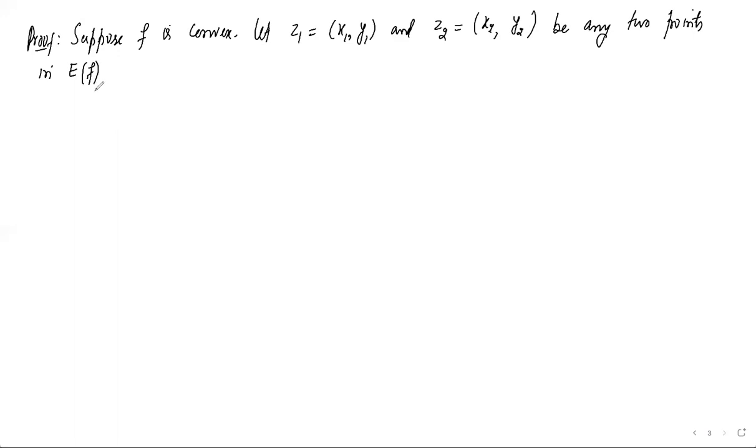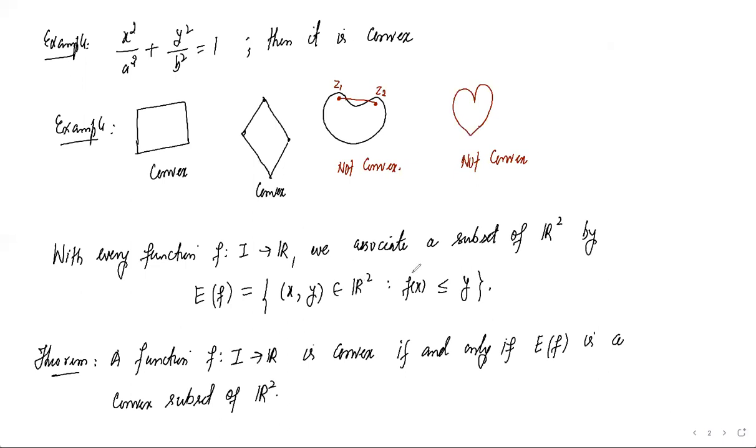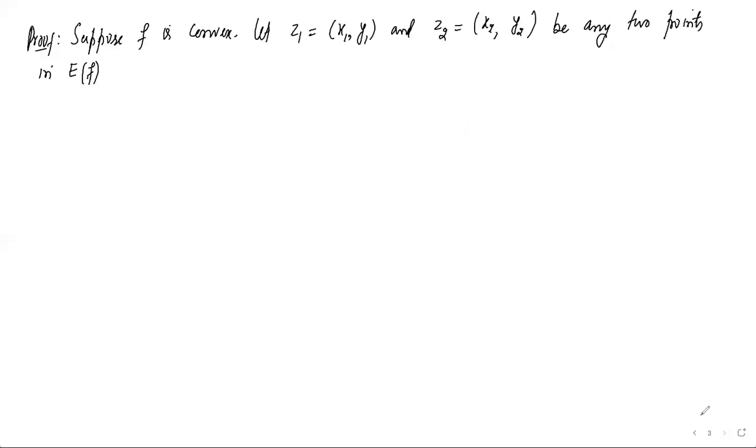To show this, we need to show a condition like f of x is less than or equal to y. First let us define the equation of a line segment joining 2 points z1 and z2 inside E of f. For that, we will find the form of a point on the line segment joining z1 and z2. So consider any point Z.